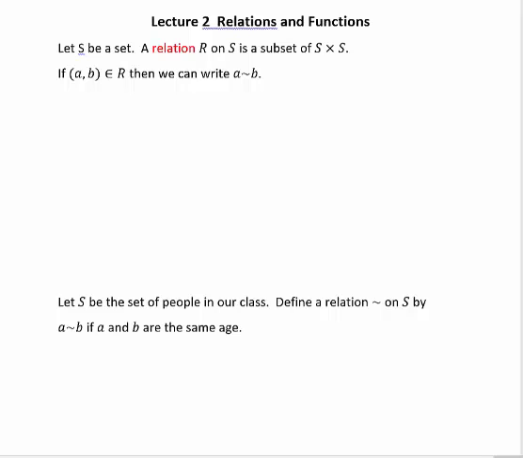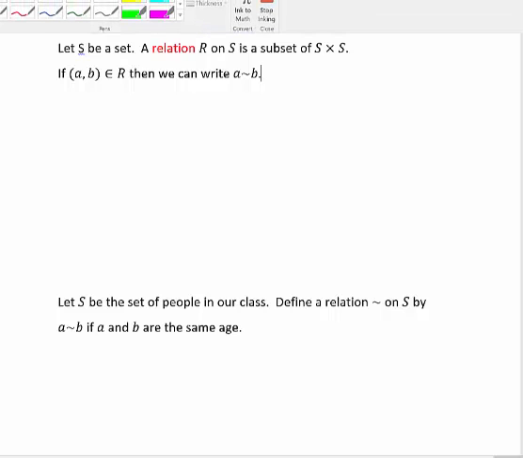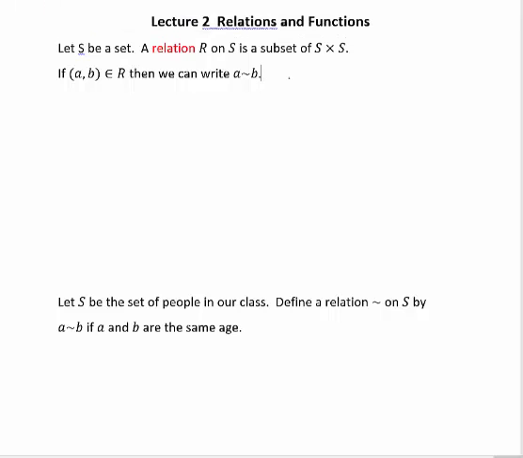If the ordered pair (a, b) is in that subset R, then we can write a ~ b, or you may see it written as aRb. So R can be used to symbolize the relation, and it also is the name of the subset. And the relation actually is a subset of S cross S.